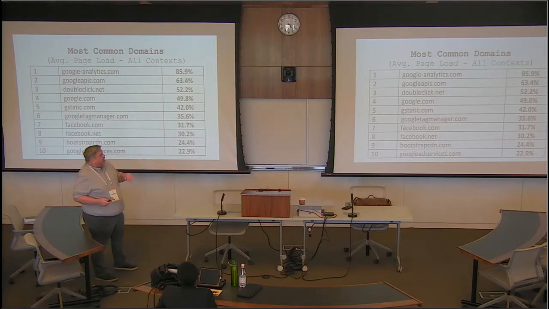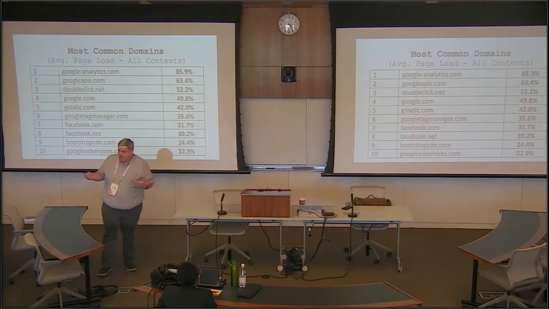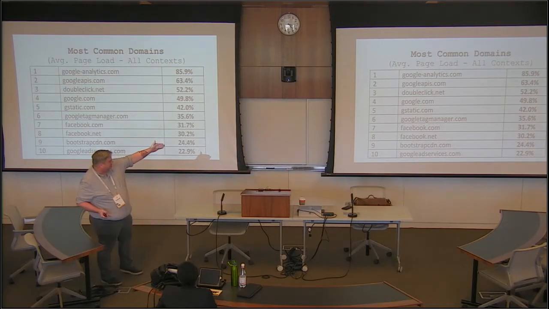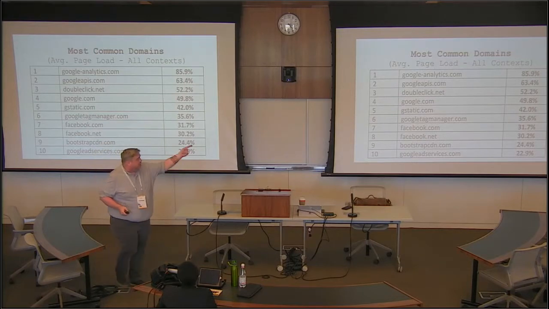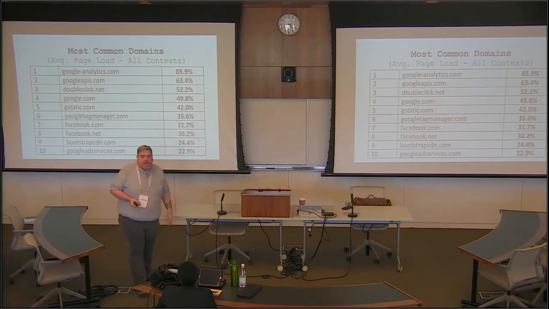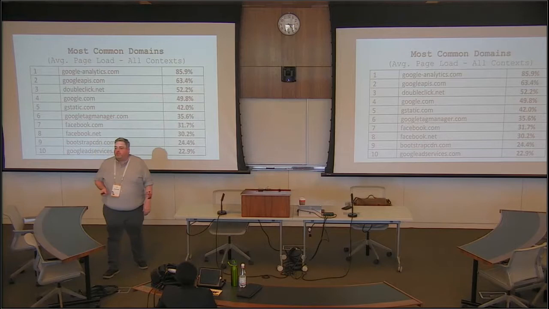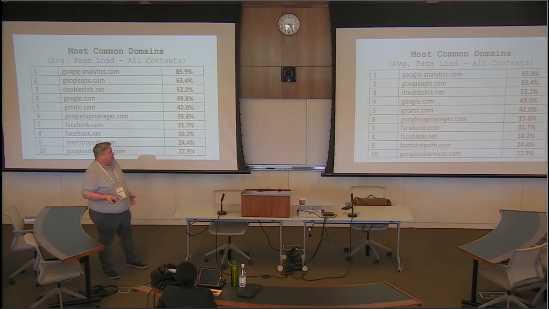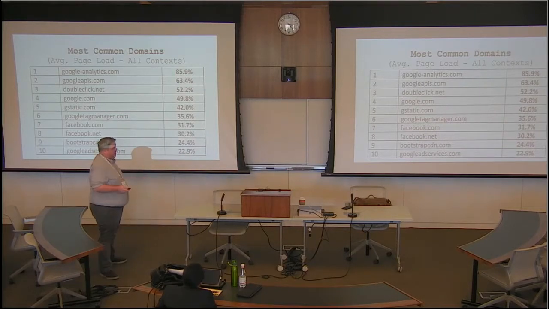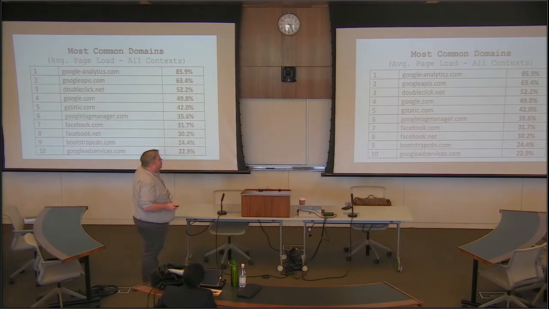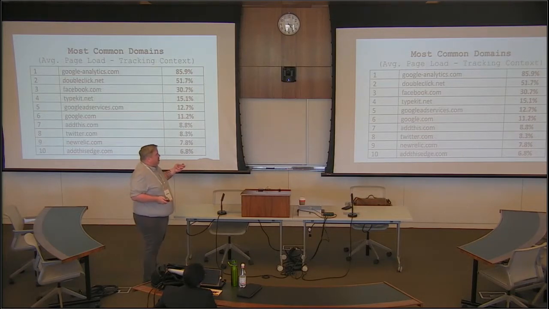So now we also want to look at the actual domains that are showing up on those pages. You can see the first 6, and then again number 10, are all the same company. You can see that Google Analytics is showing up on 85.9% of the law school library websites, which isn't that surprising, because that's what most people use to get analytics data about visitors.